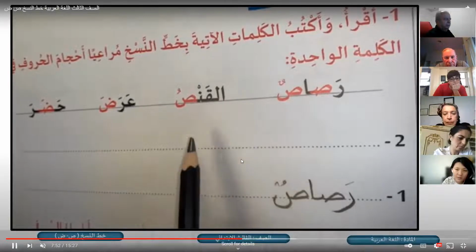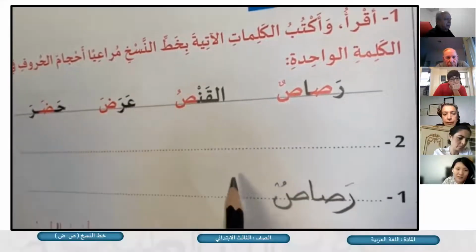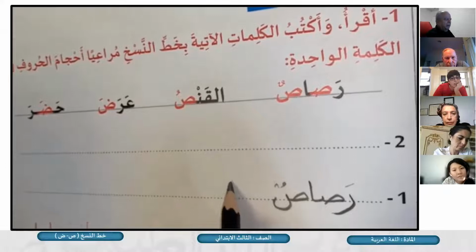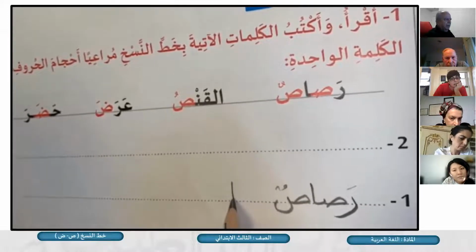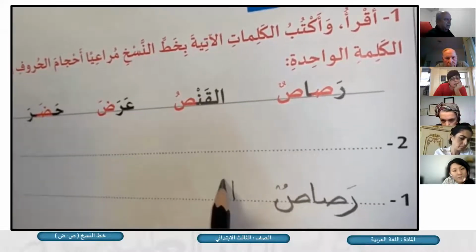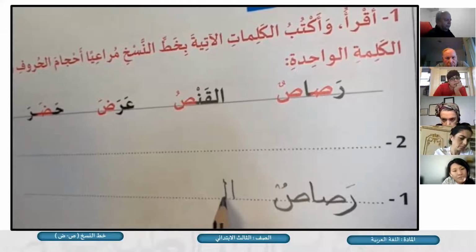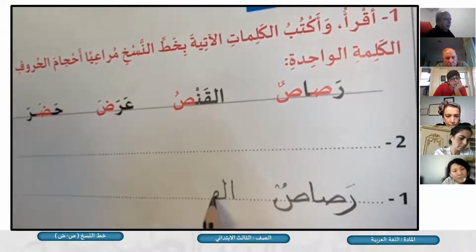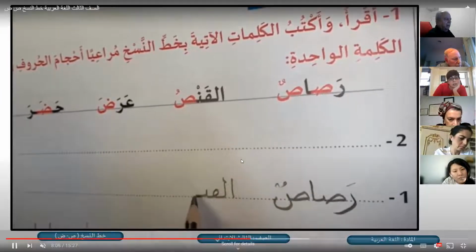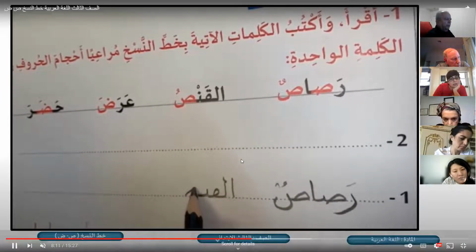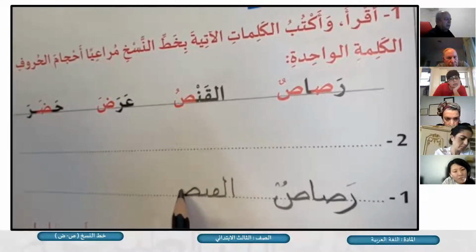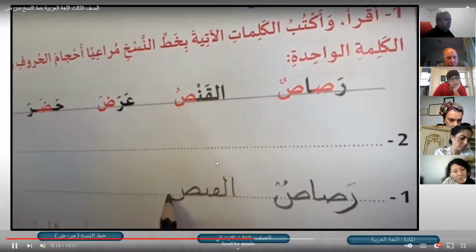Okay, let's continue. Now this word, we haven't learned one of the letters, so I don't expect you to know. But it shows us how to write the letter sad at the end of a word when it is connected. You see how it is?